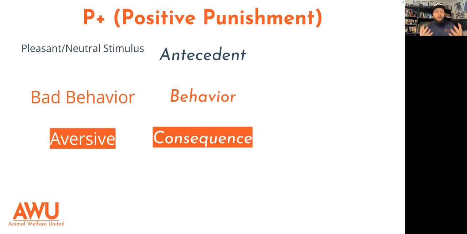If I have a pleasant or neutral stimulus that cues or prompts bad behavior, and I apply an aversive, well, I might poison that original stimulus. The dog might learn that that pleasant or neutral thing is actually scarier than I thought it was, and it gets worse.